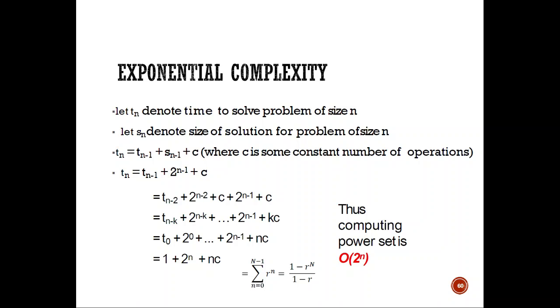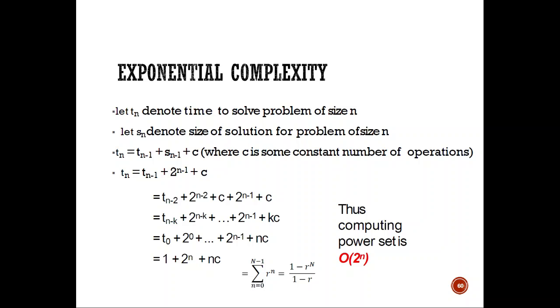Let Tn be the time needed to solve the problem of size n, and Sn denote the size of the solution. So Tn is equal to the time needed to solve a problem of size n minus 1, plus the size of the solution n minus 1, plus c, where c is just a constant number of operations.